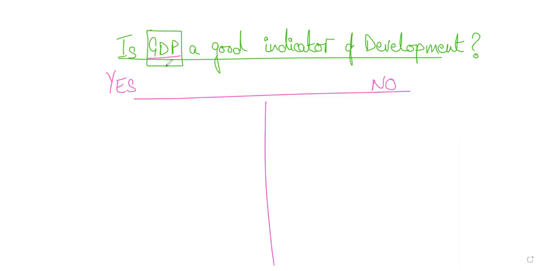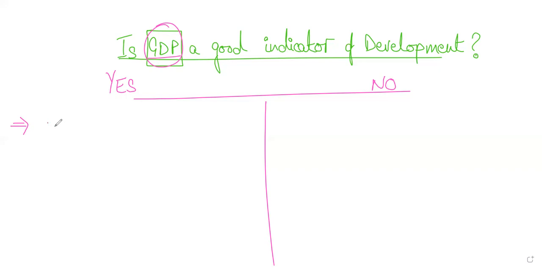We do know that if GDP is increasing, this means that the income of a country is increasing, right? Which means that now people on average will have higher incomes, which means that they will be able to buy more goods and services, right? So to some extent, GDP can be an indicator of development.